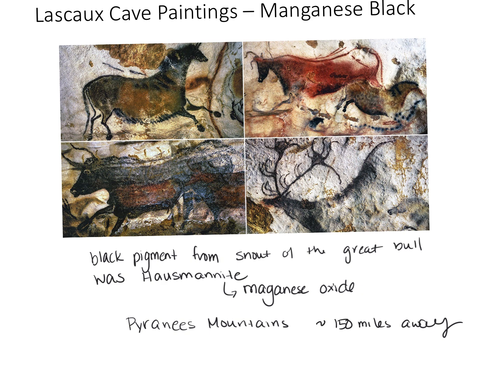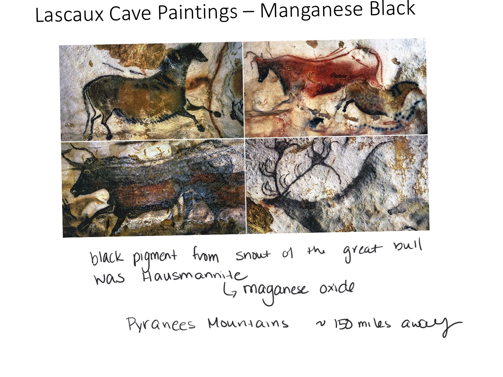We don't know how this pigment got from the Pyrenees Mountains to the cave, but the fact that it traveled indicates that paint had value and was carried a long way. And so that's one of the more interesting pigments that we find in about 10,000 BC, that ancient culture.